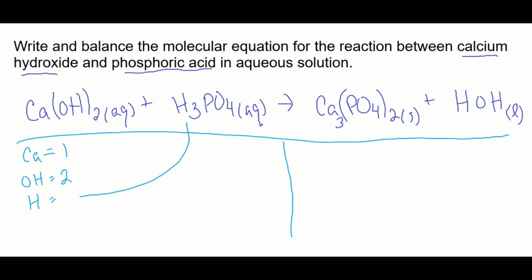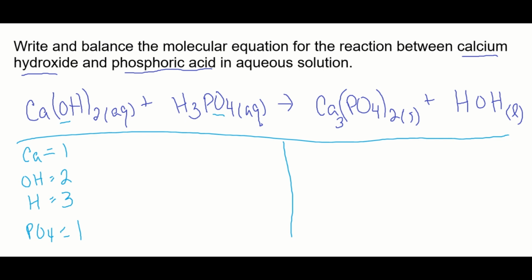And this hydrogen is from the proton portion of the phosphoric acid and not the hydroxide from the calcium hydroxide. I'm keeping the cations and anions separate because if you start mixing up the oxygens from each of these compounds and mixing up the hydrogens, then the balancing can get really tricky.